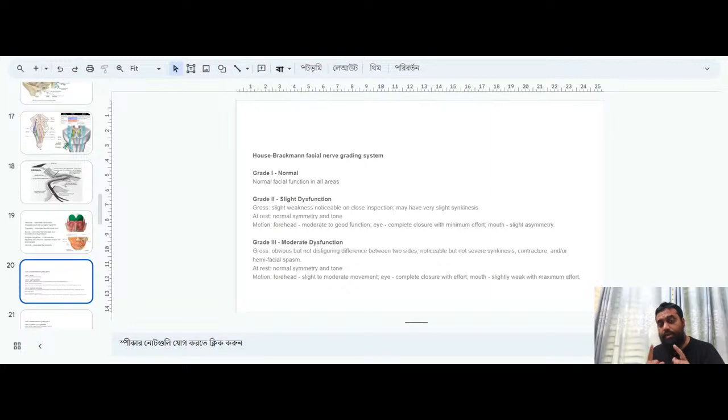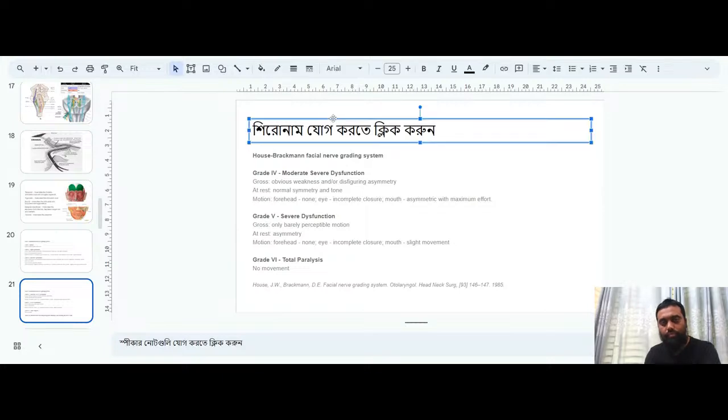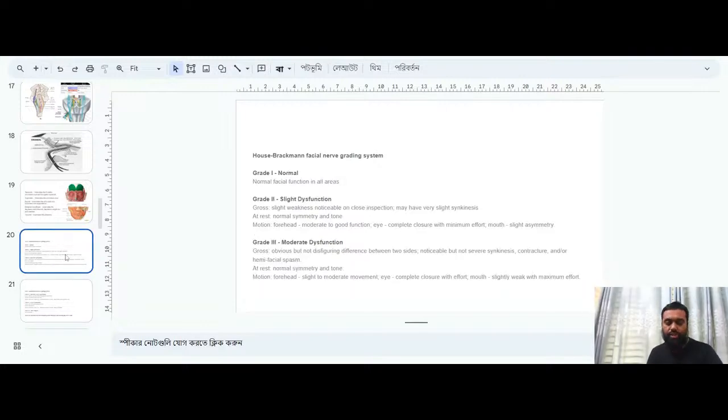Mostly these palsies are the lower motor type of palsy. They divided this palsy into different grades like normal, slight dysfunction, moderate dysfunction, moderately severe dysfunction, and total dysfunction. So they use this classification in different settings.